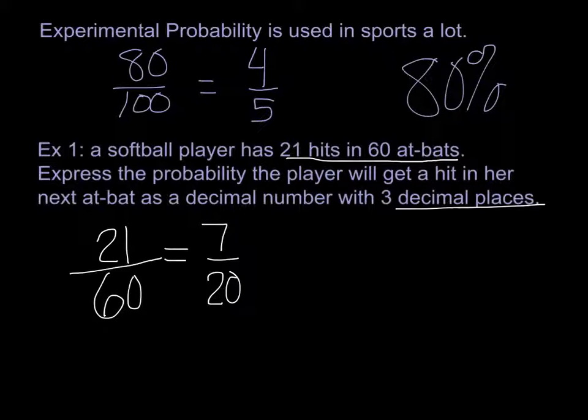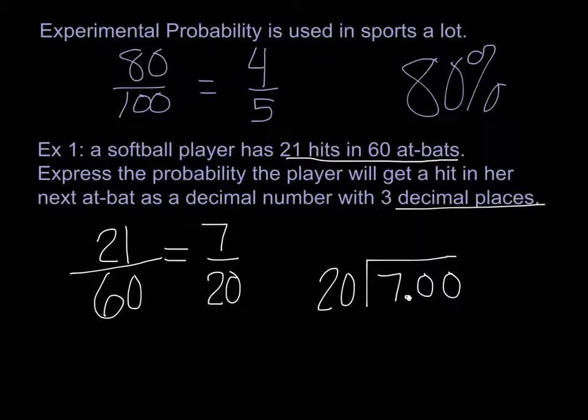Now, we want a decimal, so therefore we have to divide. 7 divided by 20. Well, 20 doesn't go into 7, so you can add your decimal point, because any whole number always has a decimal point right behind it. So you can add zeros right behind the 7.